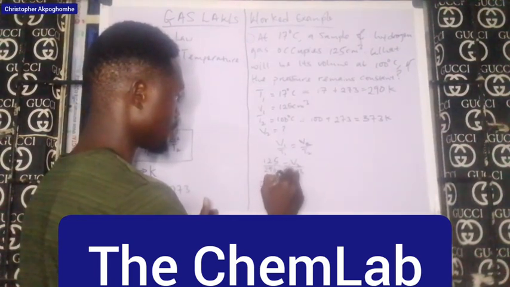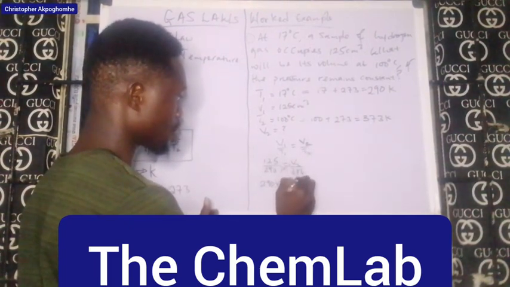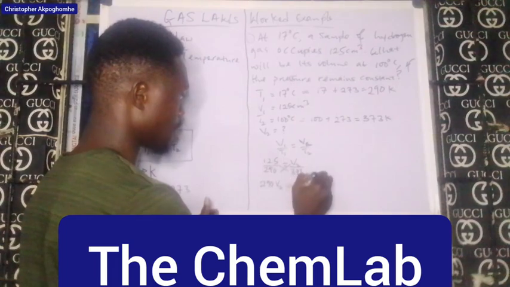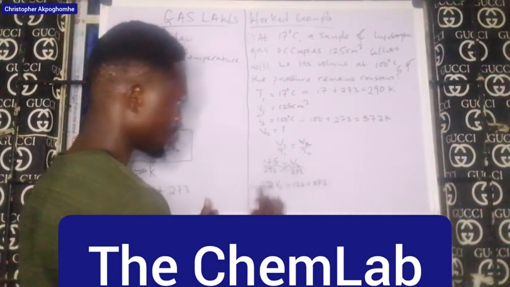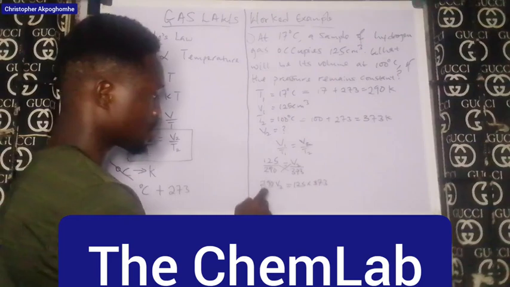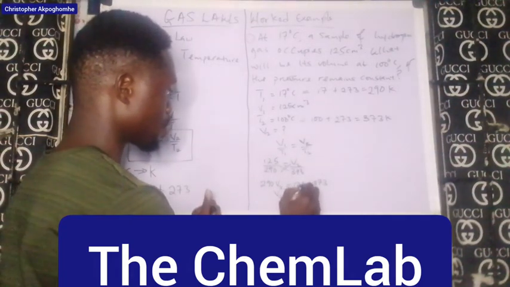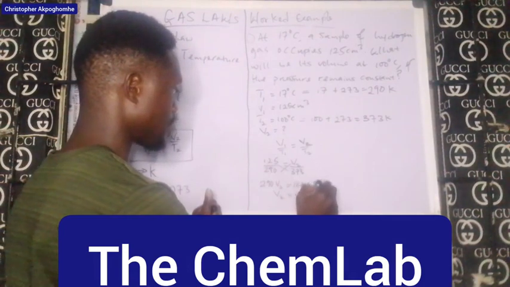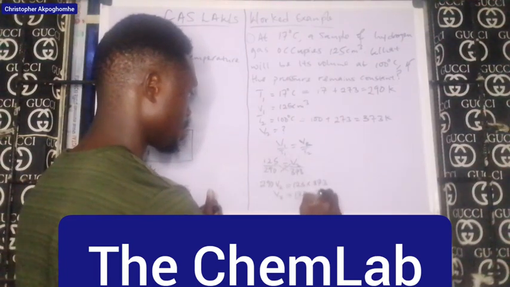At this point we cross multiply, and we have 290 V2 equal to 125 times 373. Remember we're looking for V2, so we divide both sides by 290. So we have V2 equal to 125 times 373 over 290.